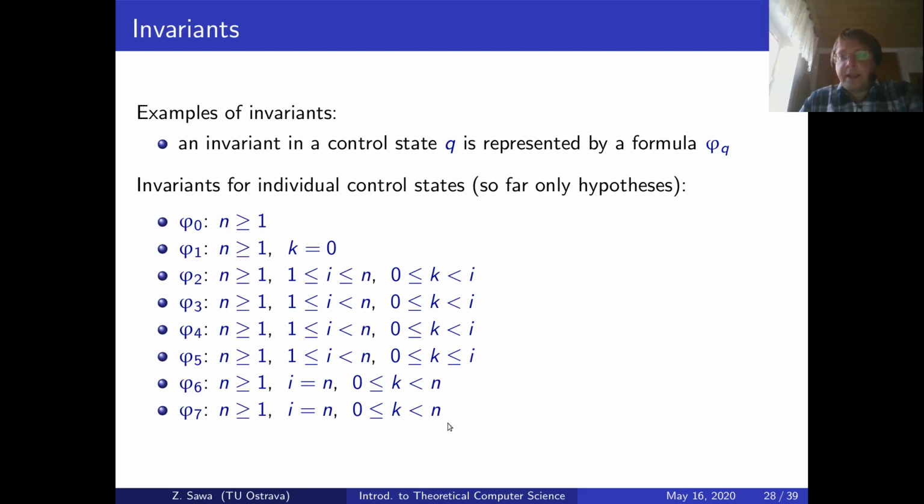If we determine several conditions for the same control state, the invariant there is the conjunction of these subconditions. Let's say we have formulated such invariants for every state in the control flow graph, but so far they are just hypotheses, what we think should hold in each configuration in the given control states.